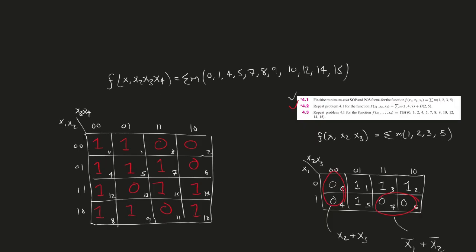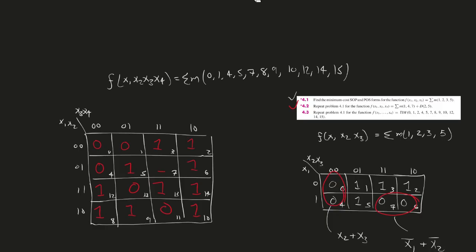Okay? But in sum of product, sorry, in product of sum, everything's flipped. So this would be 0, 0, 0. This would be 1.